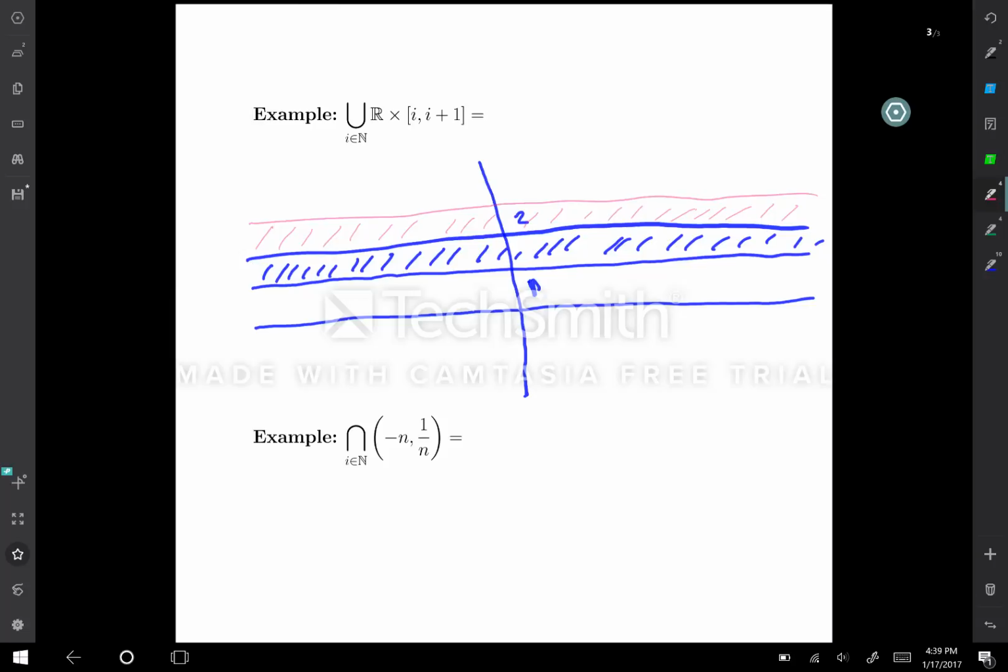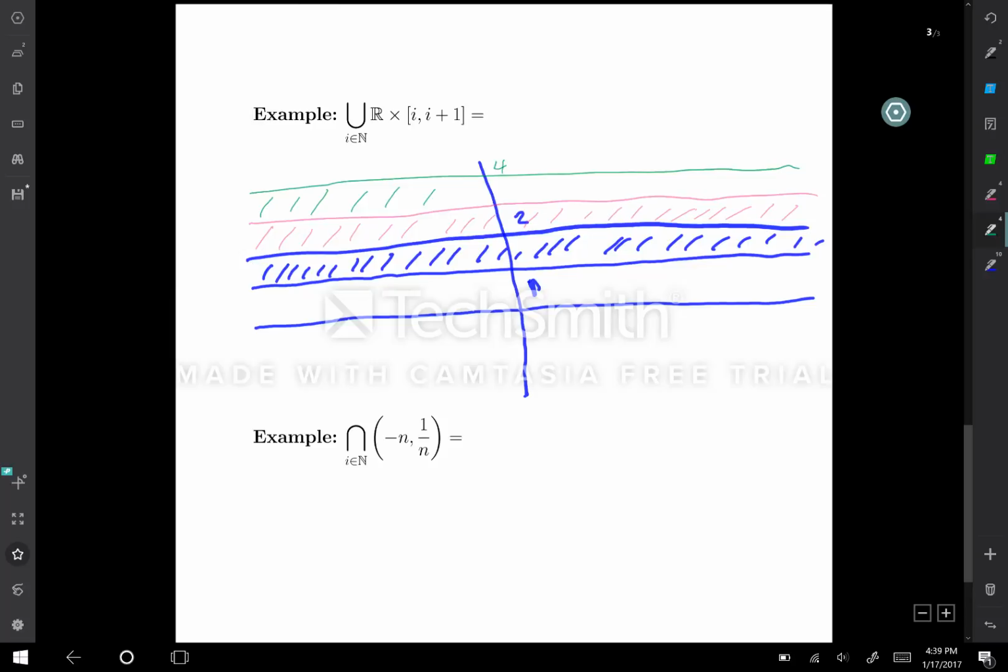We could continue in this fashion. The next one would be between 3 and 4. And so we aren't covering the whole xy plane, but we're capturing all the pairs of elements where x is any real number and y is 1 or greater.